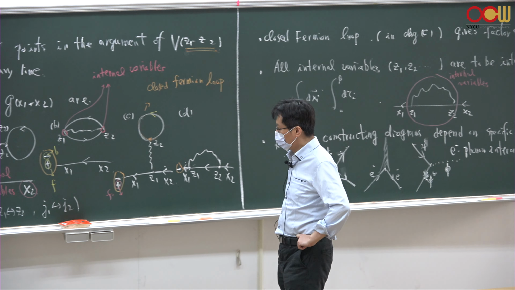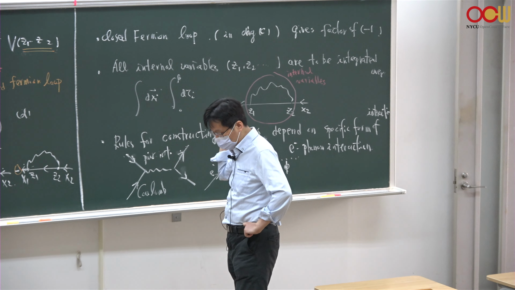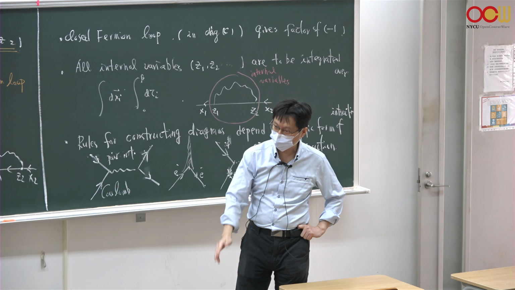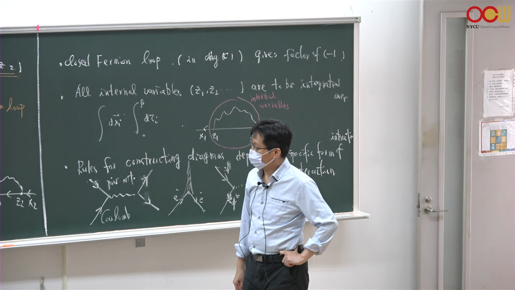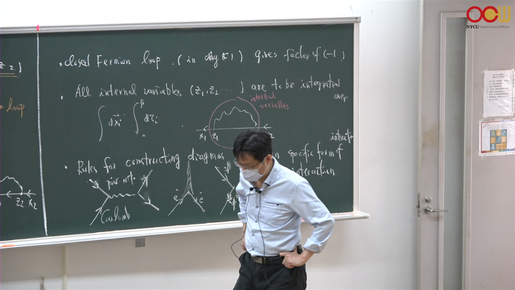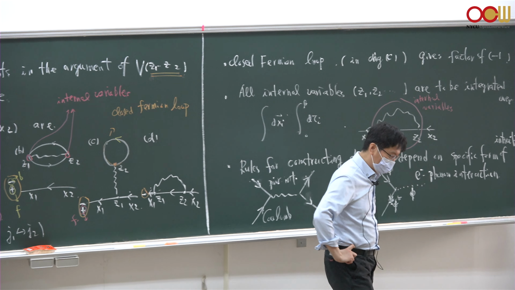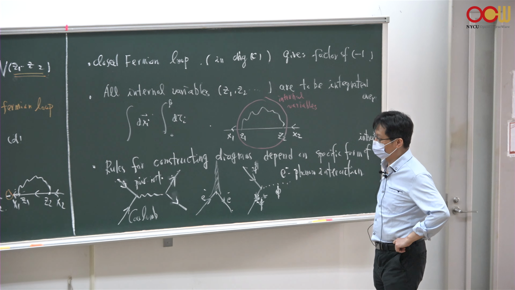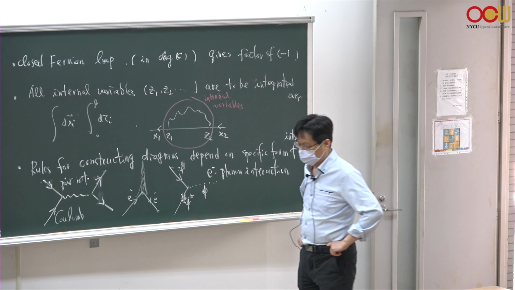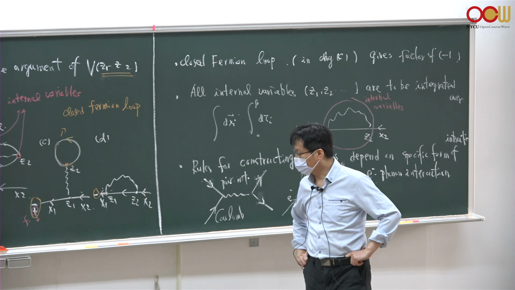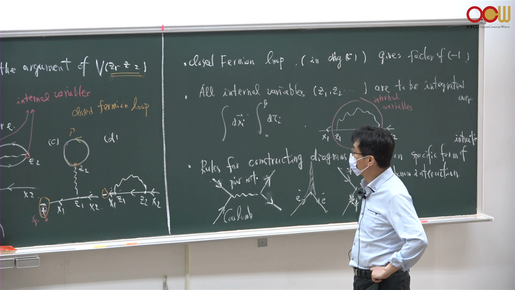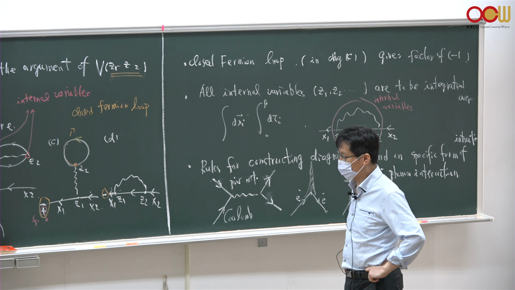If there were no such rules, then you could actually create your own rules. You could construct your diagram attached to your name, and then see if those rules agree with this perturbed expansion that we mentioned, and also with Feynman's convention.